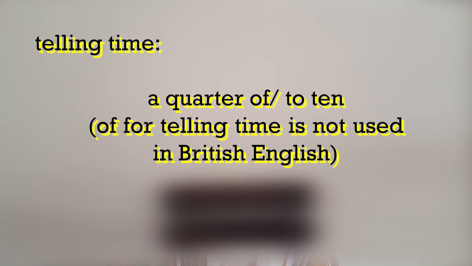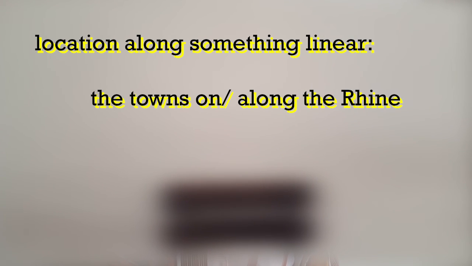Telling time: a quarter of, to 10; a quarter after, past 10. Location along something linear: the town on, along the Rhine. In a time period: it happened in, during 1998. Temporal termination: work from 9 until, till, to 5.